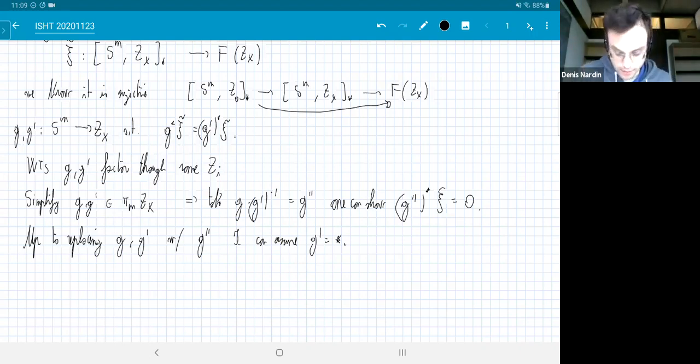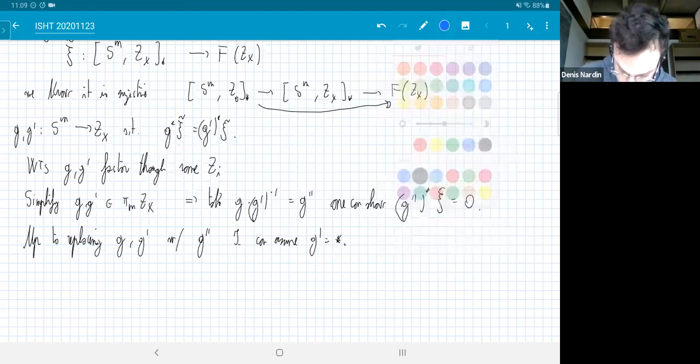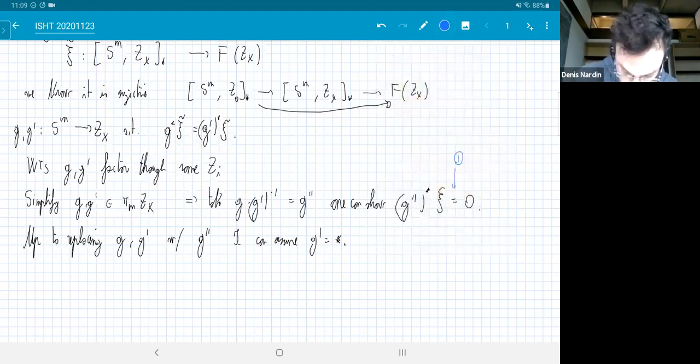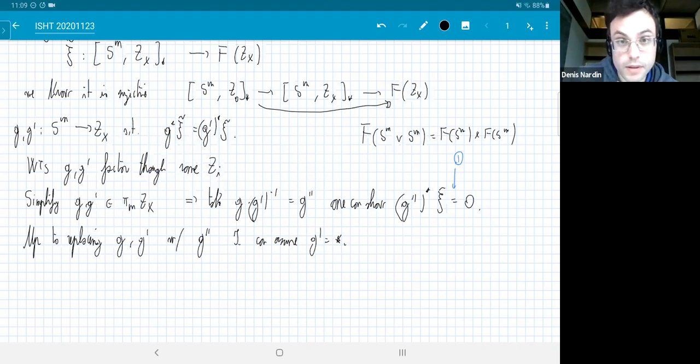Actually, let me spell it out, this follows from property 1. You use the fact that f of Sm wedge Sm is f of Sm times Sm. And you write what it means to have the composition, and you see that.